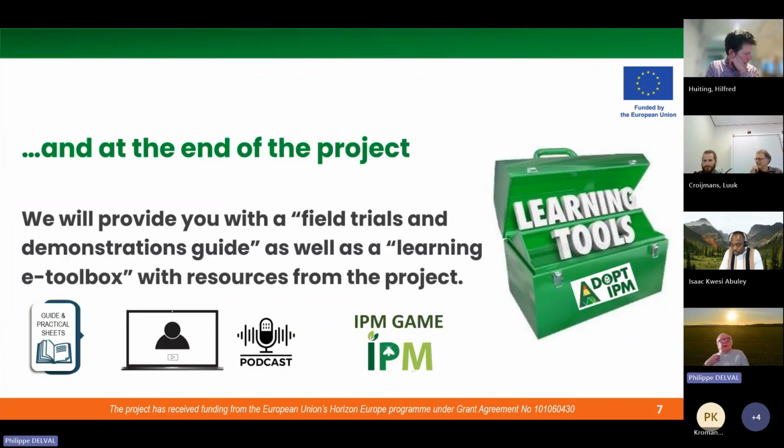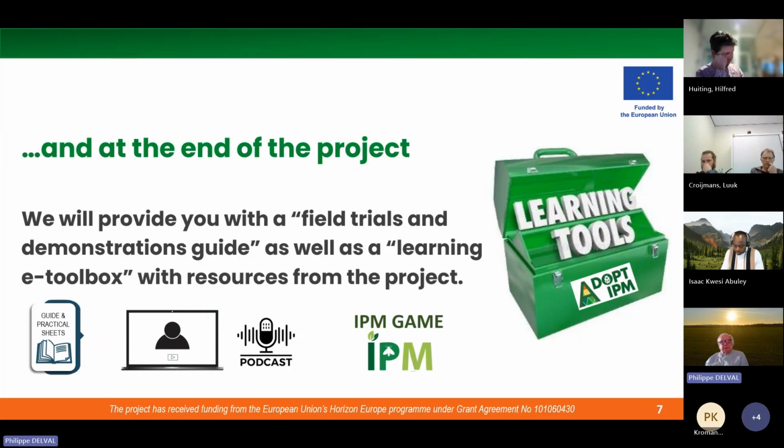At the end of the project, the objective is to provide you a field trials and demonstrations guide with all the results we get during the project, as well as a learning e-toolbox with some resources. So we have the guide, some practical sheets.